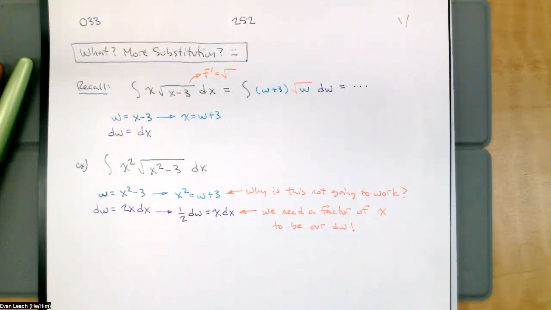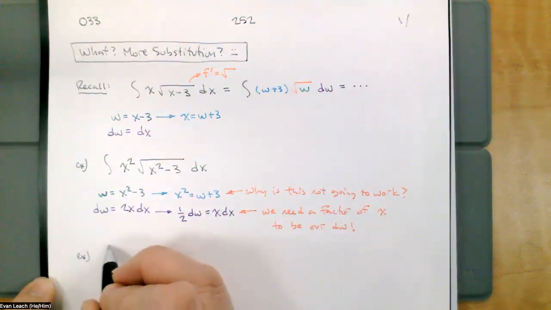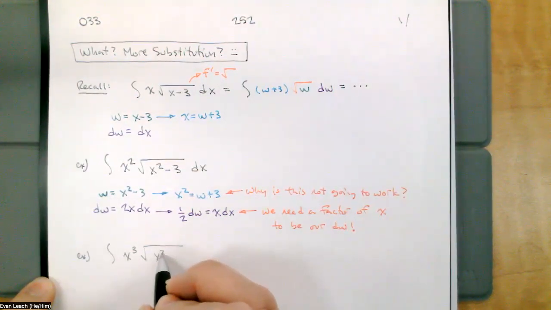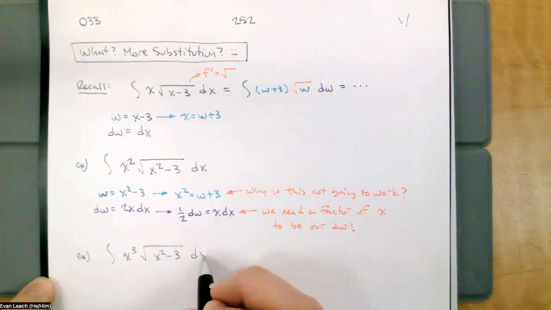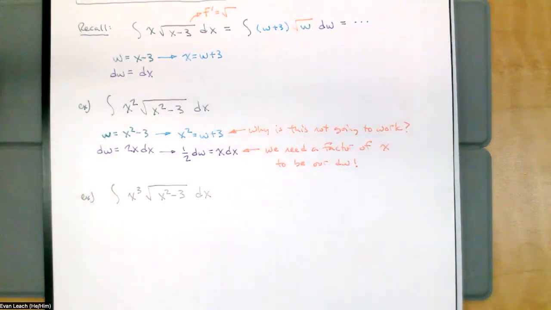So if we rewrite this problem again to an integral of x cubed times the square root of x squared minus 3, now we're back to being able to do a substitution and do our substitution trick where we rewrite the w to get another expression for the x.